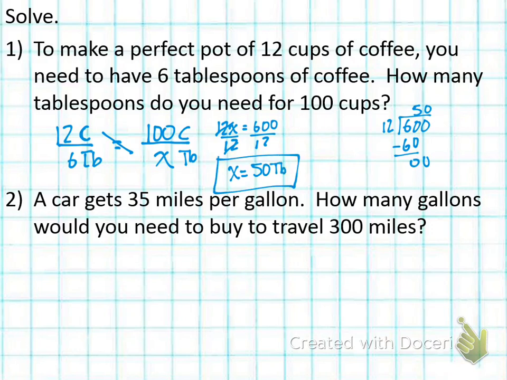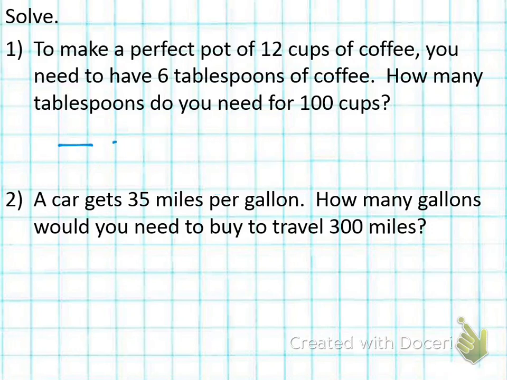Does that make sense so far? Okay. So what did I just do? First thing I did is I started off by making 2 proportions equal to each other. I knew cups was going to be in the numerator, tablespoons in the denominator. It could be either or. Made my first proportion, 12 cups is equal to 6 tablespoons. So how many for 100 cups?